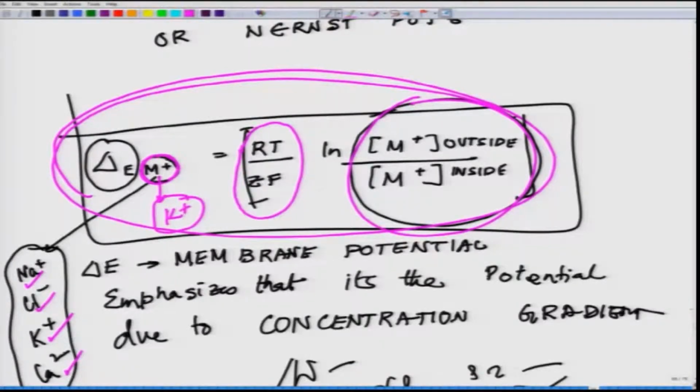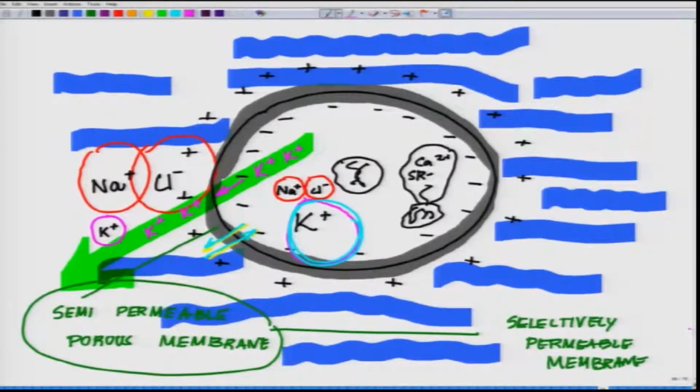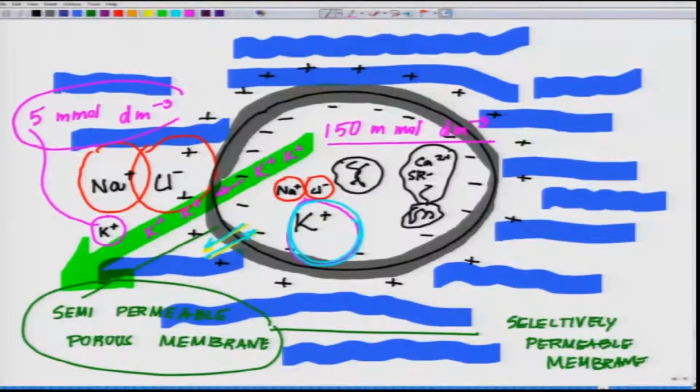Now, coming back to the situation, if I plug in the values: a typical concentration of potassium inside the cell is 150 millimolar, as compared to outside, where the potassium concentration is around 5 millimolar.